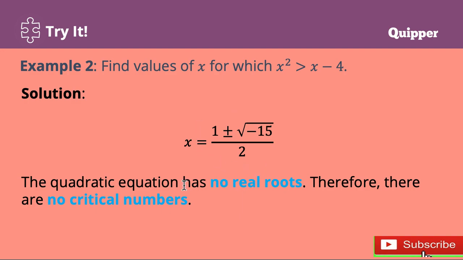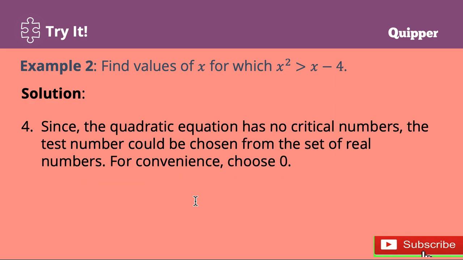Therefore, there are no critical numbers. And again, if there is no critical number, the test number could be chosen from the set of real numbers. For our convenience, we'll choose 0.